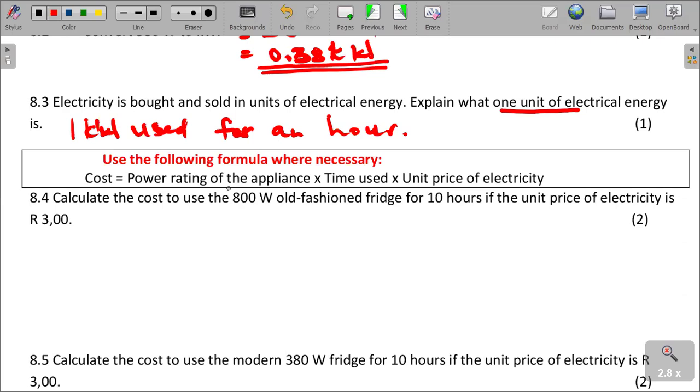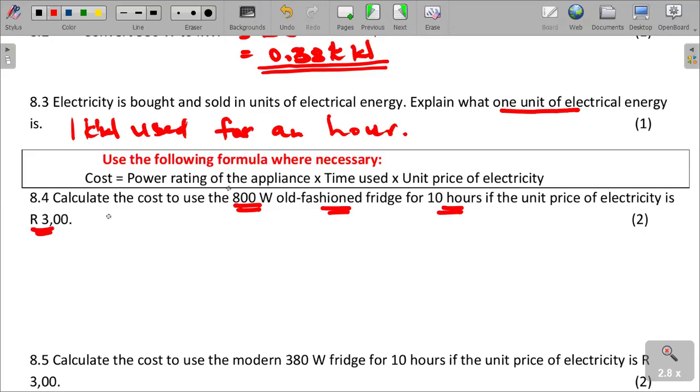And then we are given this: calculate the cost to use an 800 watts old-fashioned fridge for 10 hours if the unit price of electricity is 3 rand.